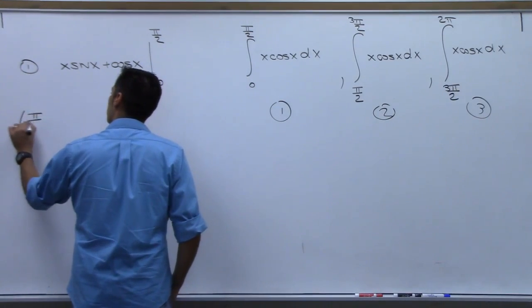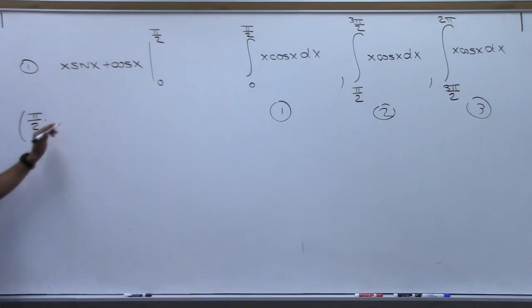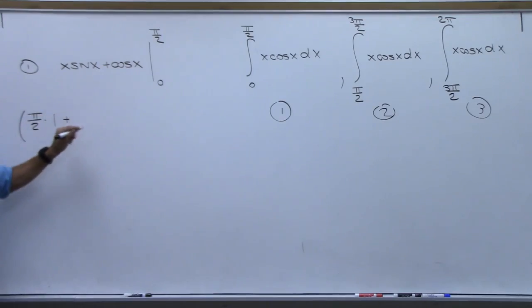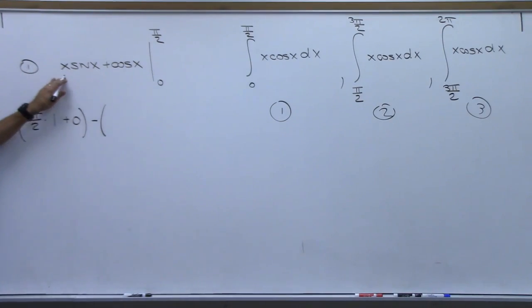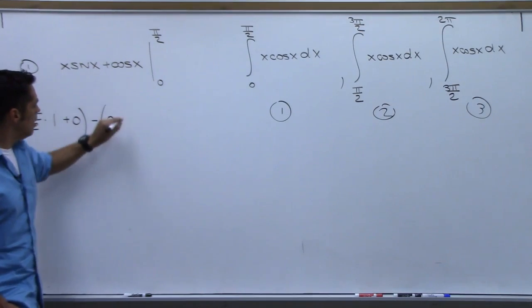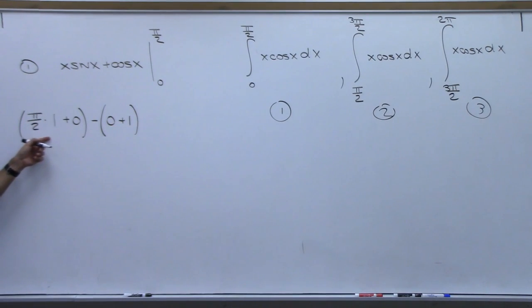Get pi over 2 times sine of pi over 2, which is 1, plus cosine of pi over 2, which is 0. Minus, and now I plug in 0. So 0's out here. Cosine of 0 is 1. So you get pi over 2 minus 1. Yeah? Pi over 2 minus 1?